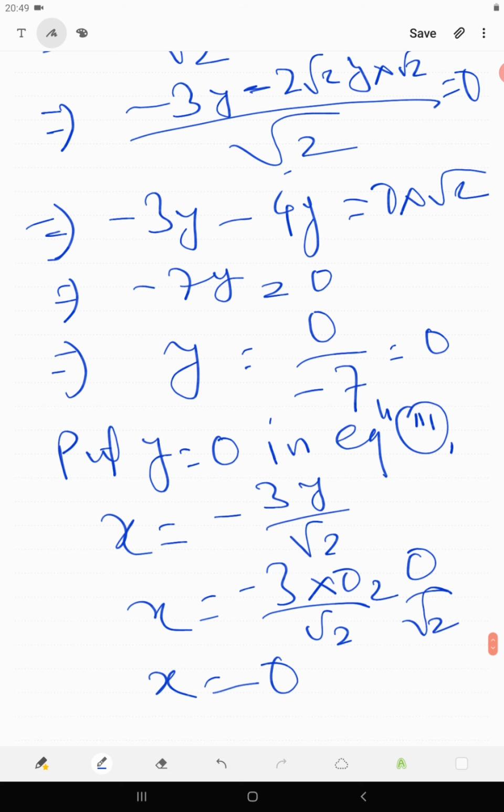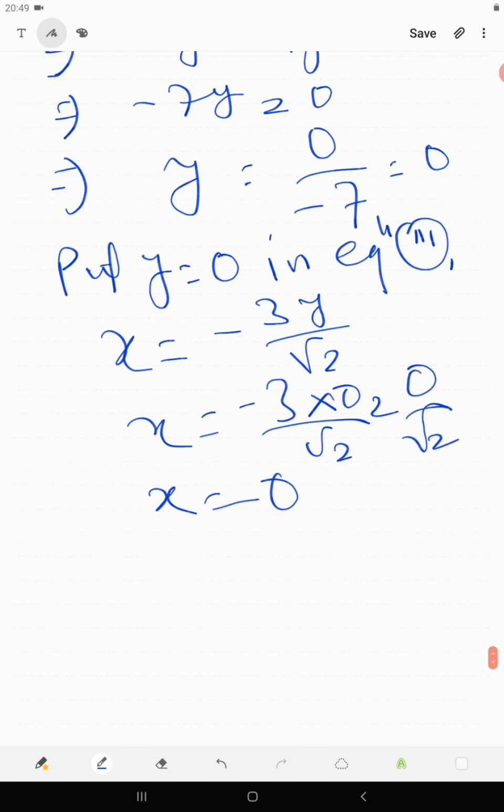Okay? So our solution is x equals 0 and y equals 0. So this is our answer.